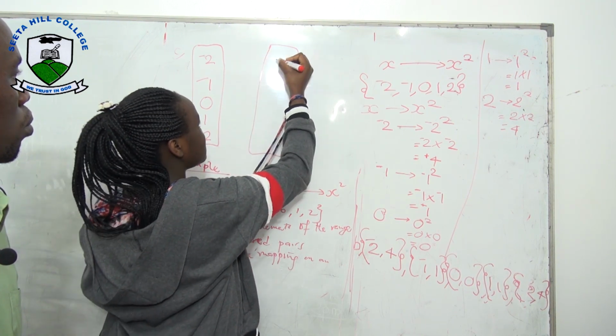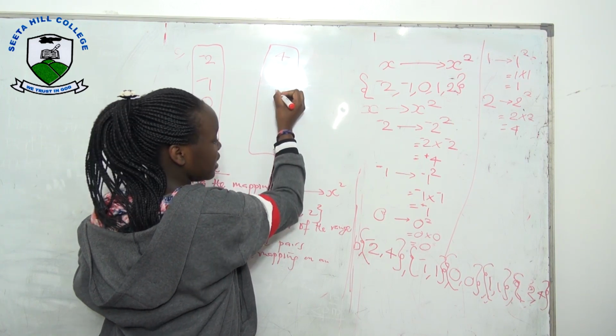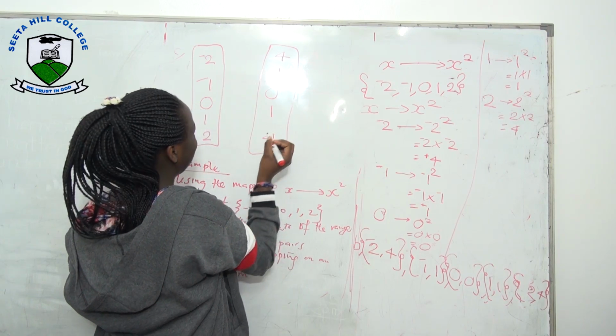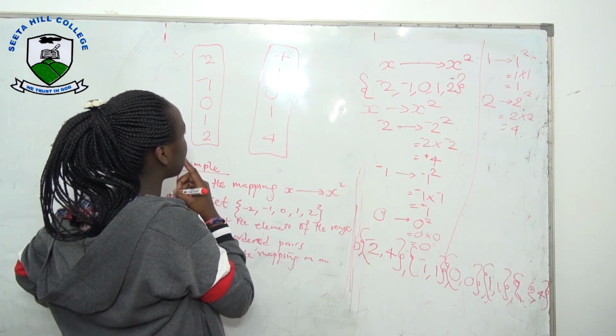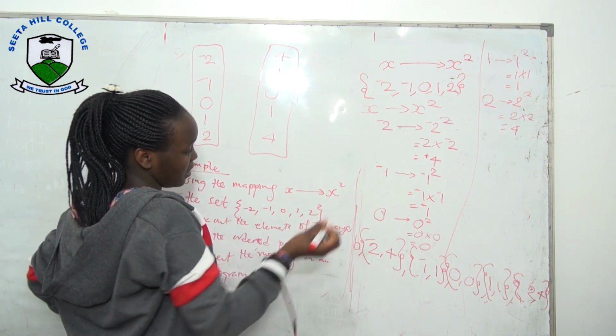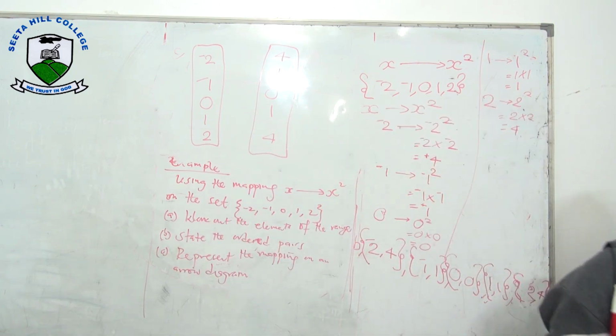Then this side it is 4, 1, 0, 1, and 4. Don't repeat. So it will end at 0, 4, 1.